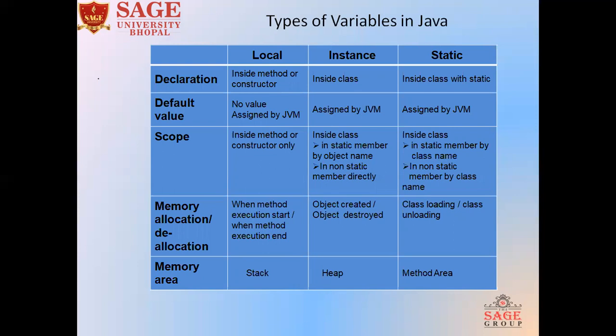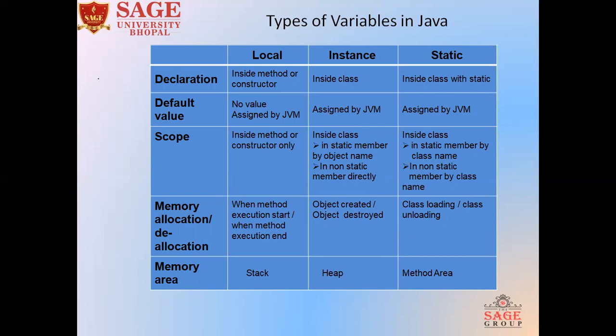A static variable is declared inside the class with a static keyword but not inside the method. If we talk about the default value, no value is assigned by JVM to a local variable. For instance variables and static variables, a default value is assigned by JVM.